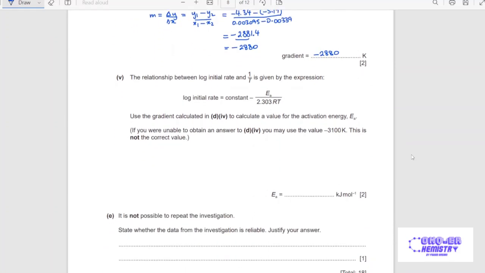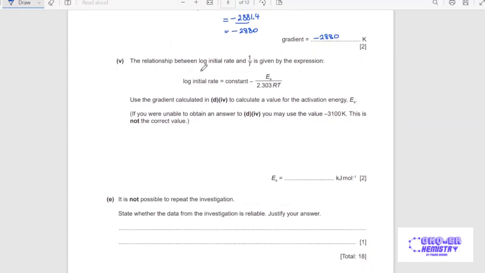All right, next. So now over here, we have the relationship between the log of initial rate, that was our y-axis values, equals constant minus EA, that's the activation energy, divided by 2.303 times R, this is the ideal gas constant, times T, right?